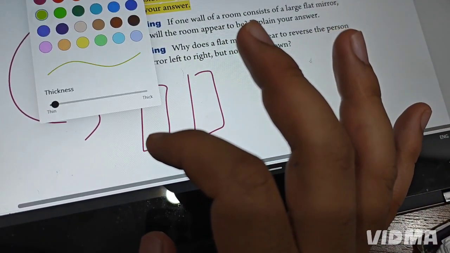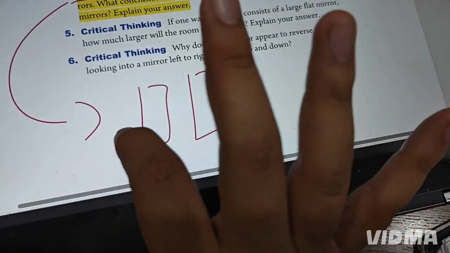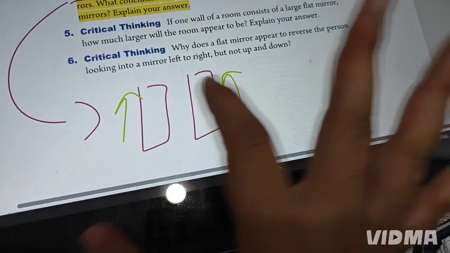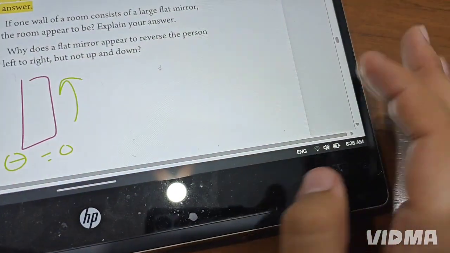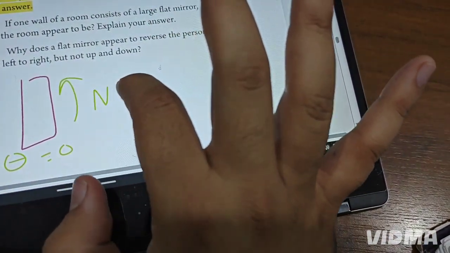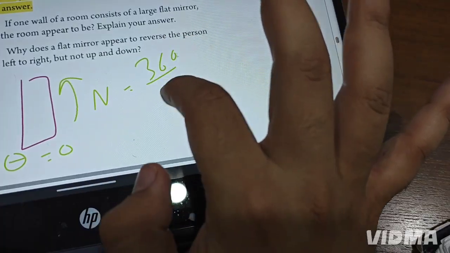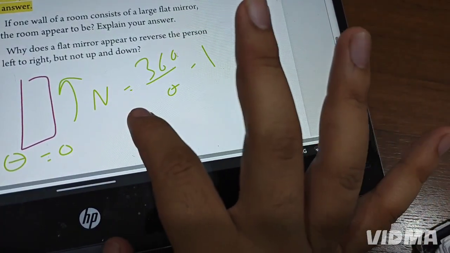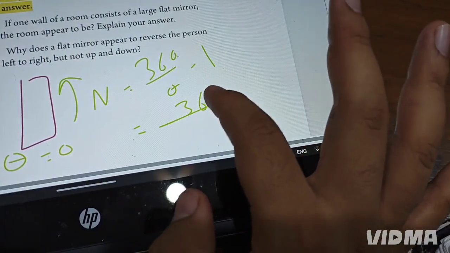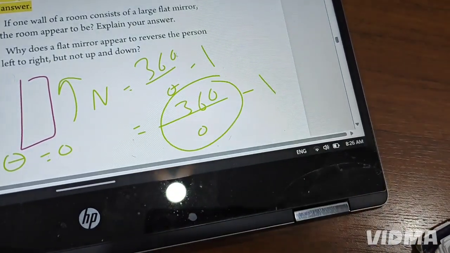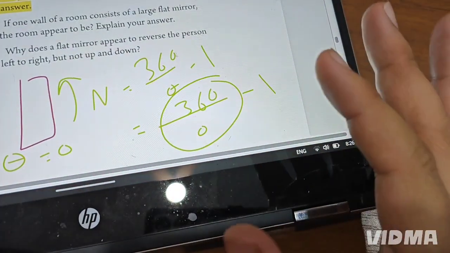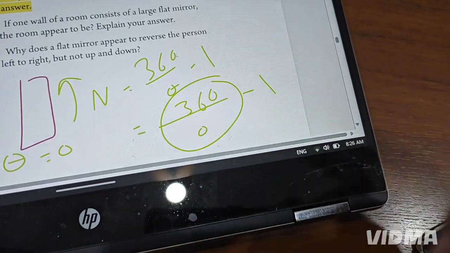Because these two mirrors are put parallel to each other, so the angle between them is 0. Let me use the rule n equals 360 over theta minus 1. 360 over the angle 0, minus 1. In here we have a number divided by 0, which we cannot solve. A number divided by 0 means infinity.